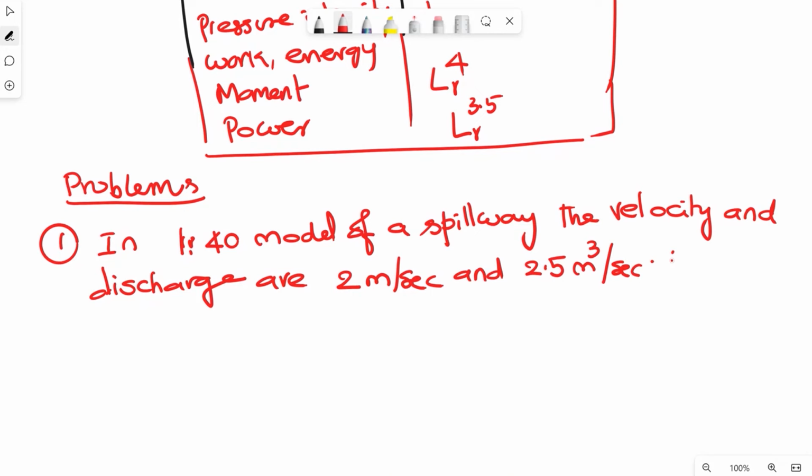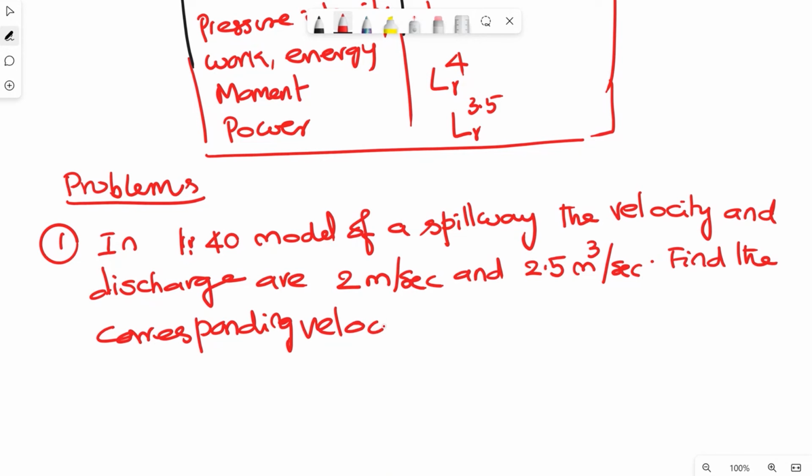Find the corresponding velocity and discharge in the prototype.